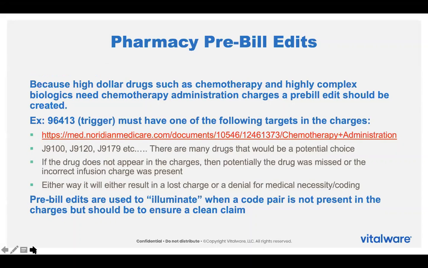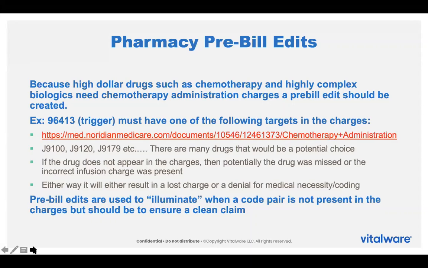There are very specific drugs that are designed as being highly complex biologic or true chemo. And I've given you some of the targets and charges in this Noridian document. So there are many drugs, and if the drug doesn't appear on the charges, then potentially the drug was missed or you put the wrong infusion charge on. Either way, it's going to result in a lost charge or medical denial.